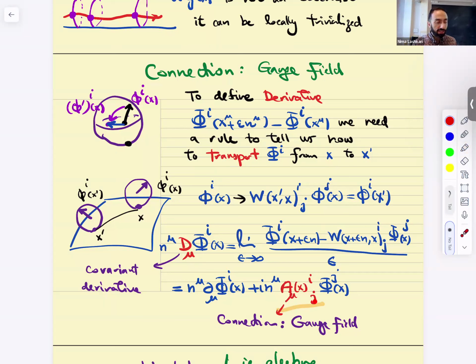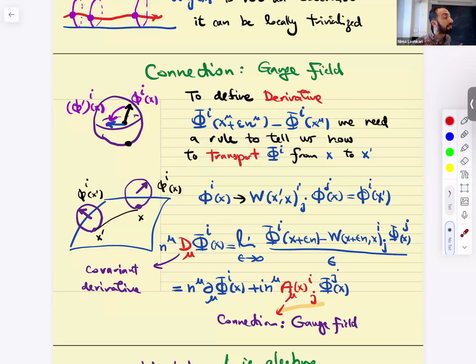Of course, it carries these labels, ij's. Now, A_mu(x) lives at each point. I just wanted to remind you that it lives at each point, right? So this term is like a rule that will tell you at this point, you rotate phi in a particular way.